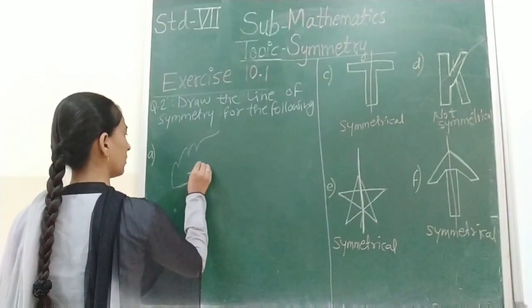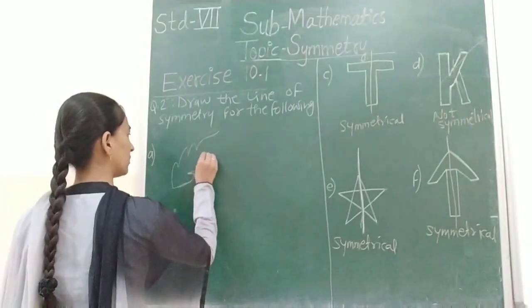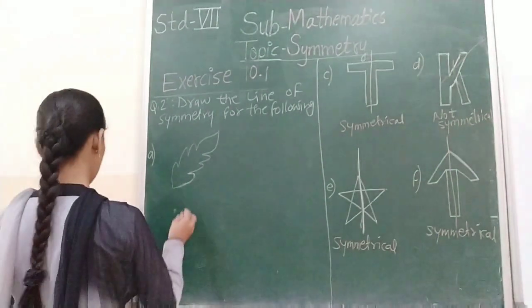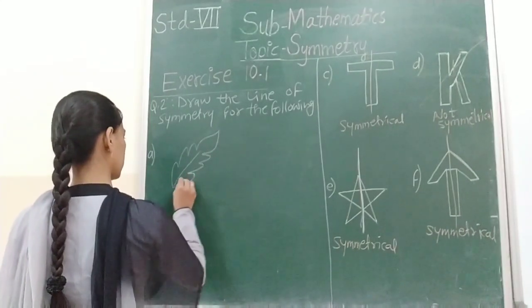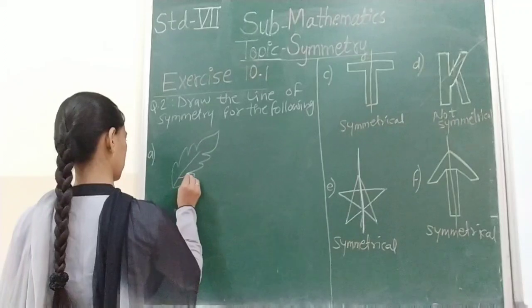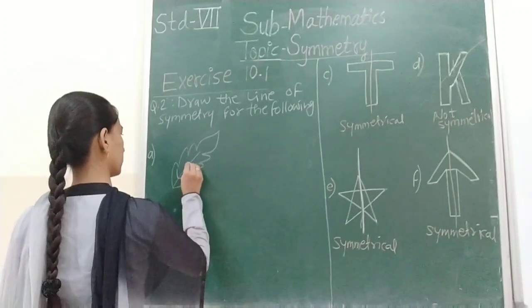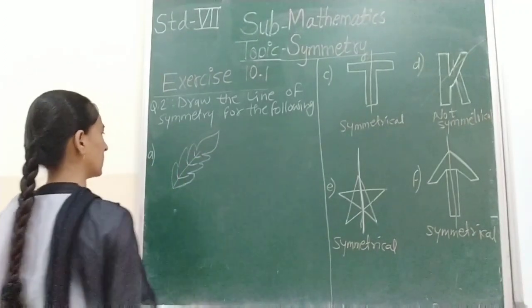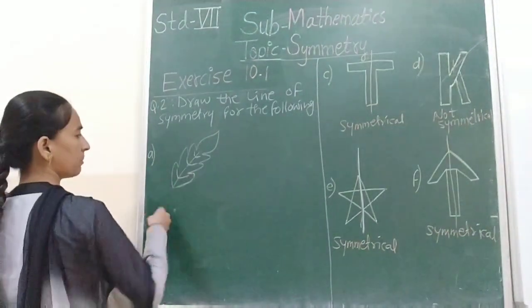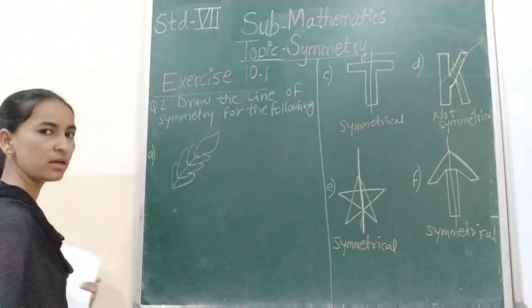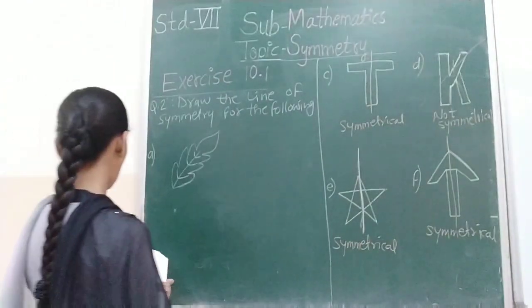Okay students, if a figure is like this, we have to draw the line of symmetry. From where, if I cut that part, it gives the 2 similar parts, then that line is called line of symmetry.